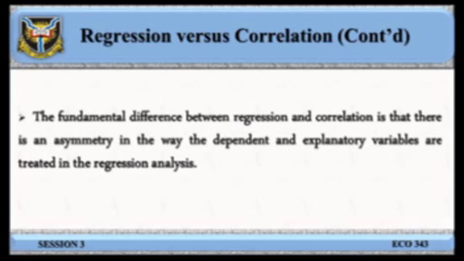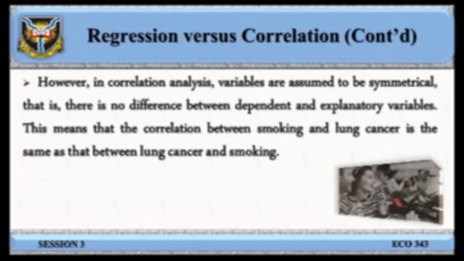In the regression analysis, the dependent variable is assumed stochastic, random, or statistical, which means that it has a probability distribution, while the explanatory variables are assumed to have fixed values.